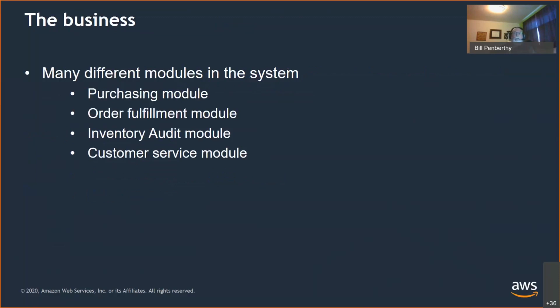There are multiple other modules. There's a purchasing module that the purchasing and receiving department uses to manage purchase orders, define the inventory that's received, and account for incoming product. There's a module built for order fulfillment that handles things like pick lists and the capture of the shipping information. There's a module that's only used 3 to 4 times a year by the warehouse staff to audit inventory.